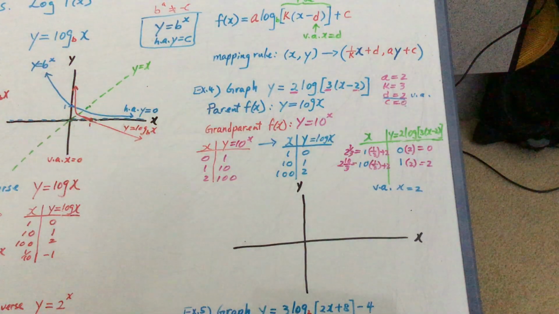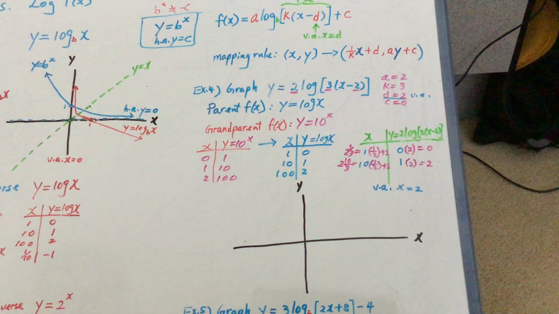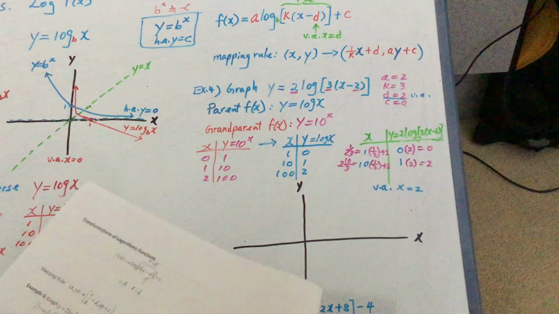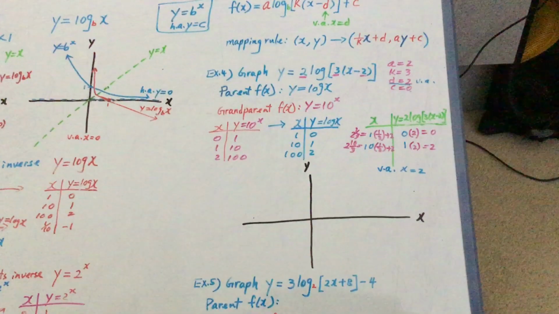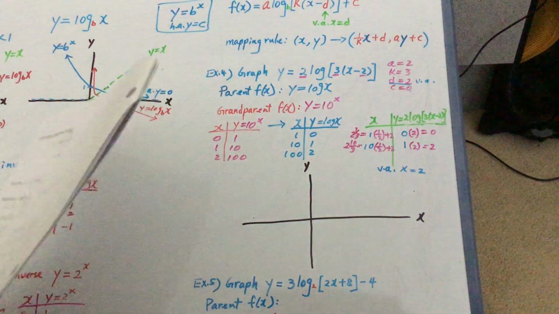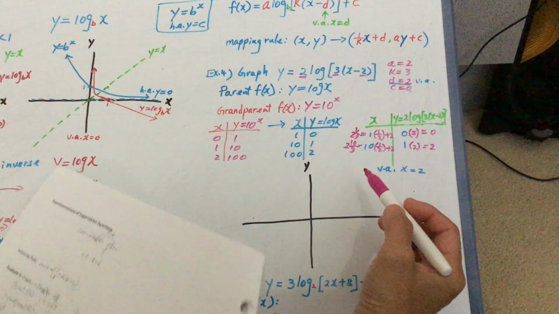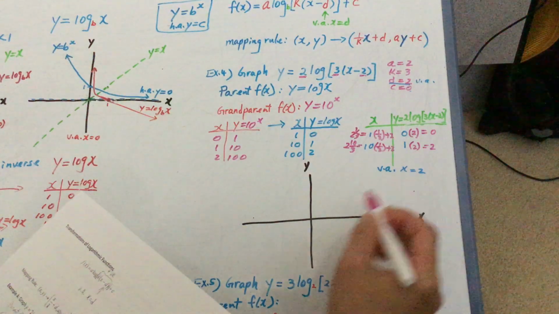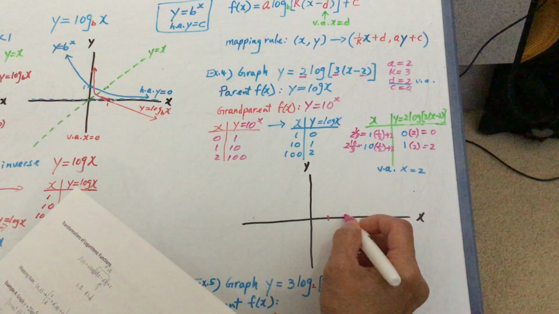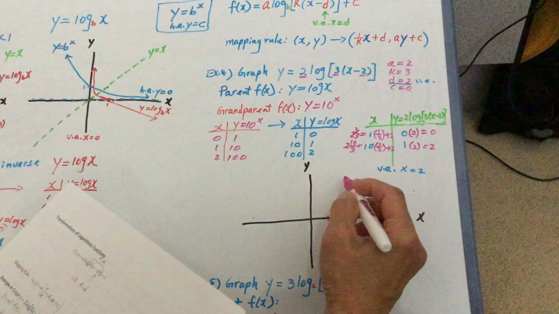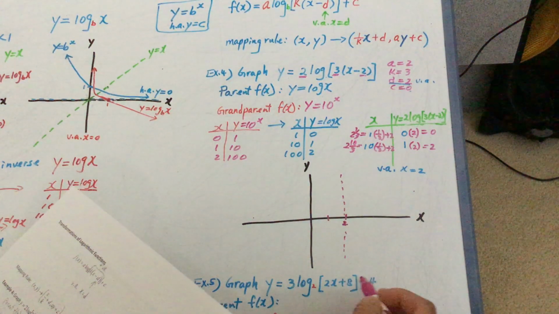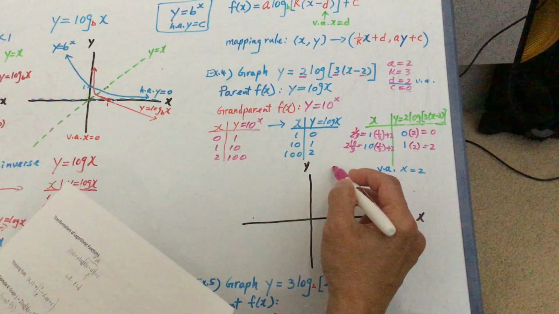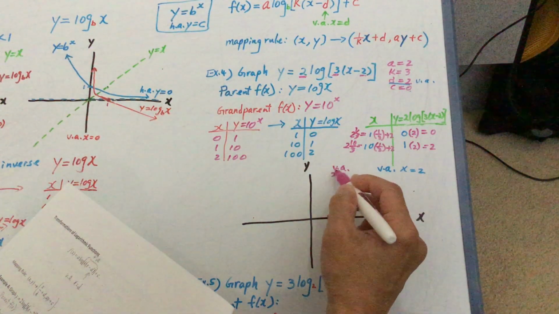approximately. You can get it from the calculator. On the graph, first of all, I'm going to make sure I have my vertical asymptote drawn with a broken line. So I can say that this is my VA, x is equal to 2.